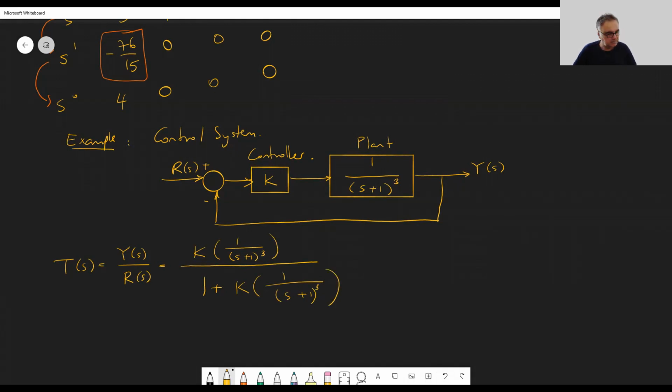Okay, as you might remember, Kg divided by 1 plus Kg. Now, if you equate the numerators and denominators, you get K over s cubed plus 3s squared plus 3s plus 1 plus k.